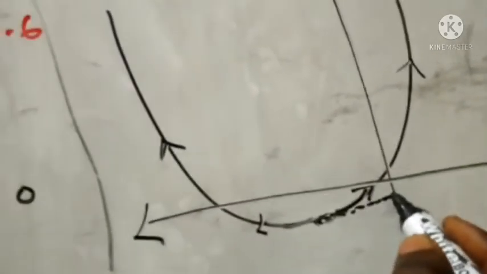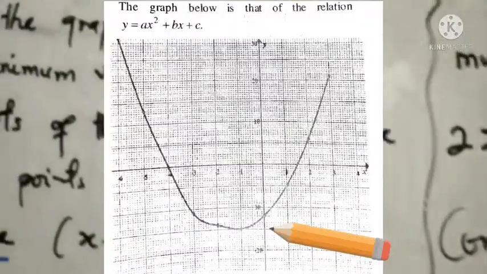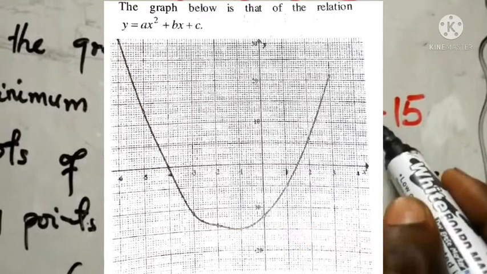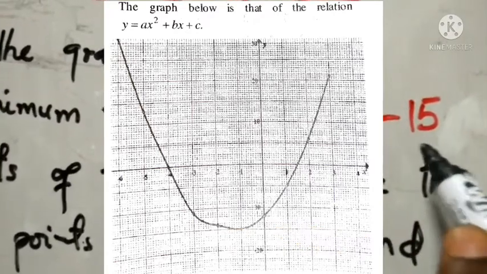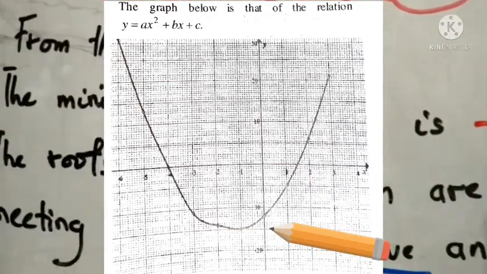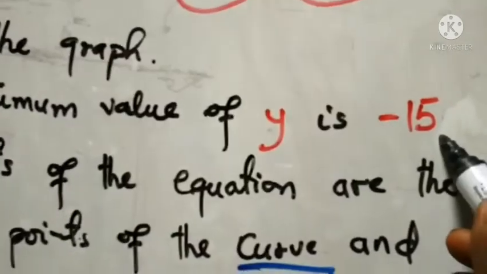If you read correctly, you can see that the minimum value from the graph is exactly negative 15. You just need to look at the graph, read that and write your answer down.